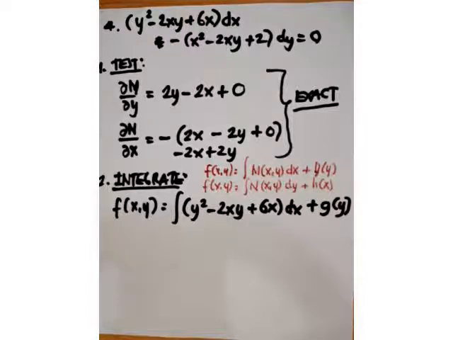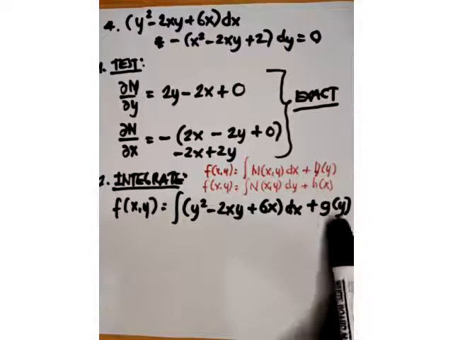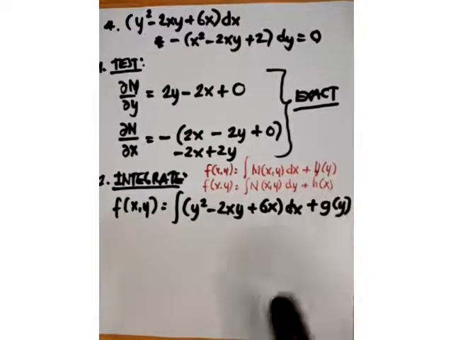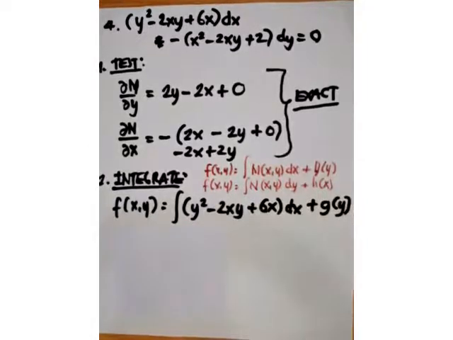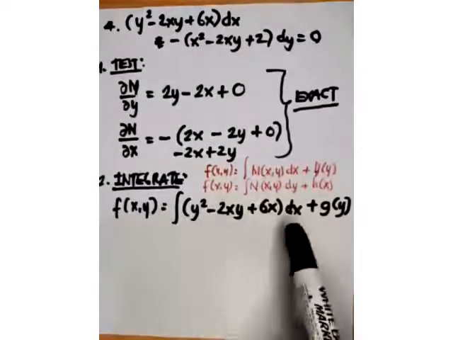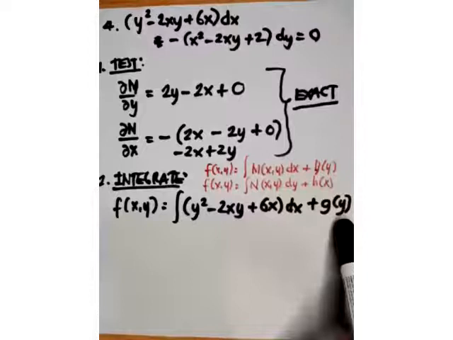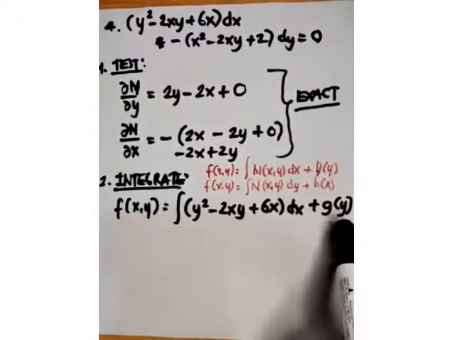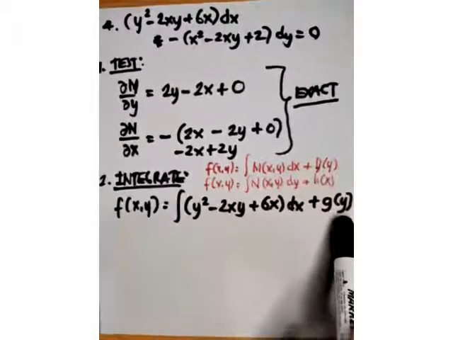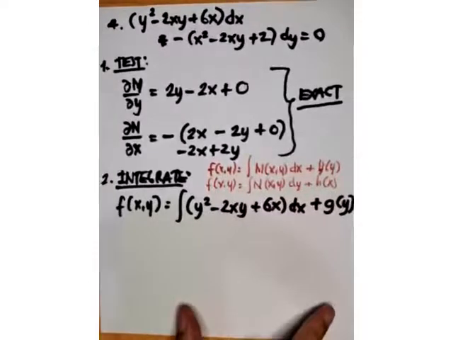Naalala ninyo, pag nag-i-integrate tayo sa Calc 2, lagi tayong may sagot na plus c. So, yung plus c natin, yun, g of y. Hindi kasi natin alam kung anong term yon, kasi dinerive natin to in terms of x. Y yun, di ba? Napaka-importante niyan later, malalaman ninyo kung ano bang role ng g of y na yan.